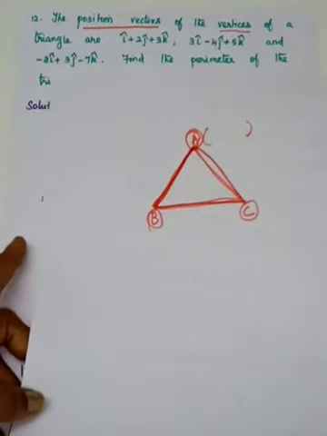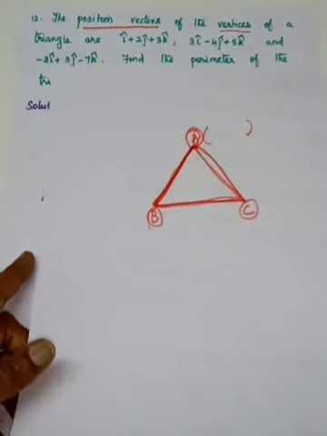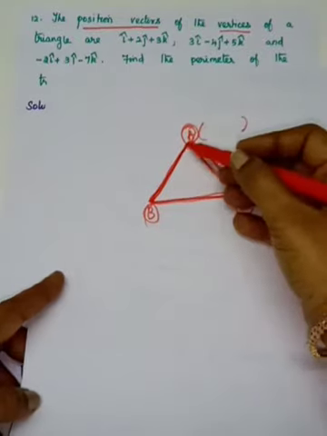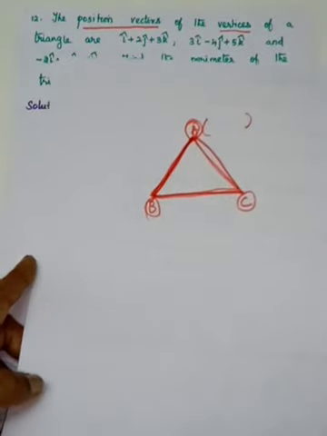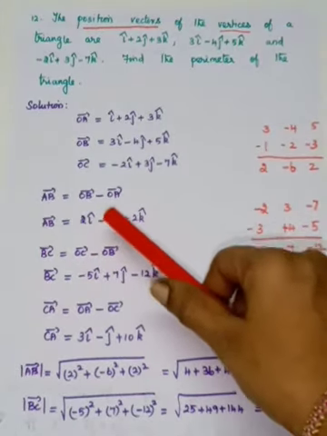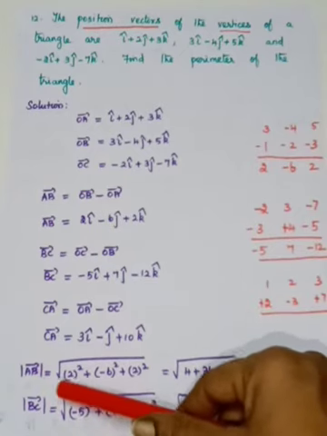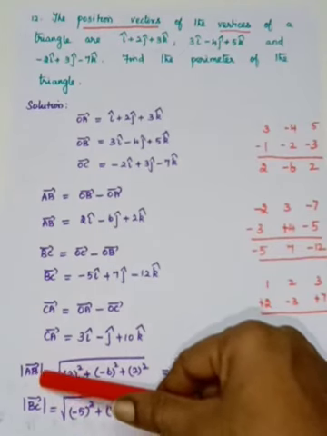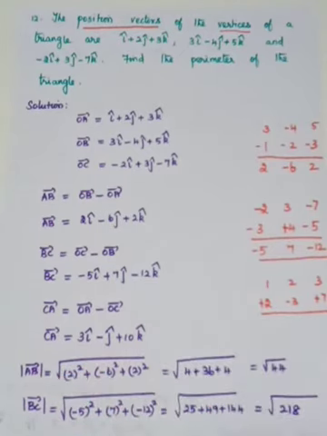So perimeter means you should know the length. So the length of AB you have to find. Length of AB means you have to find the magnitude of AB vector. The magnitude of AB vector is nothing but the length of the side AB.